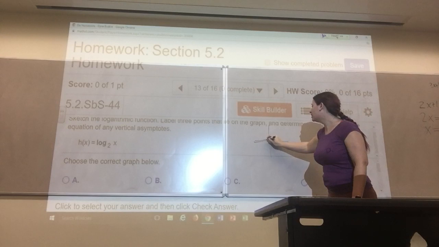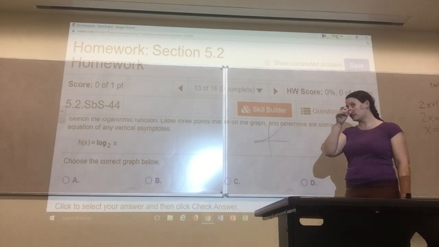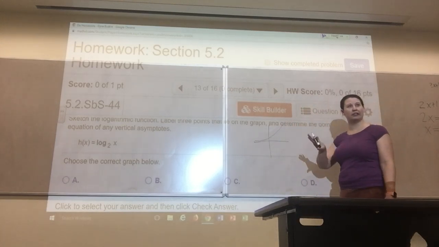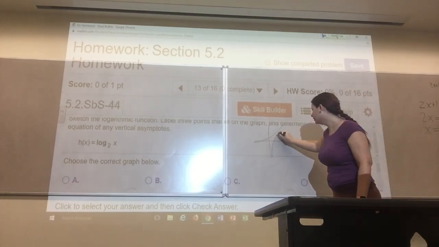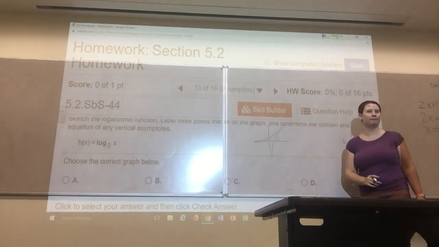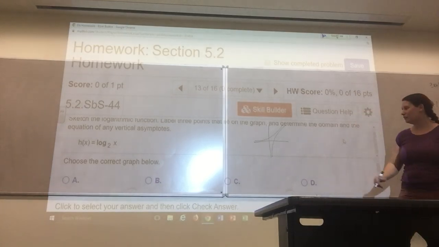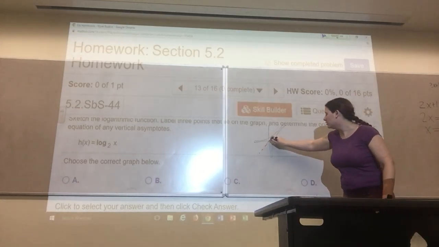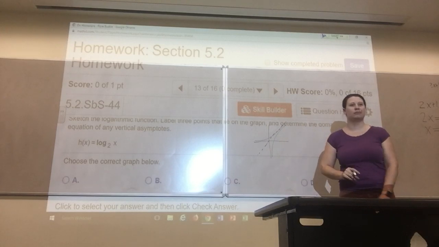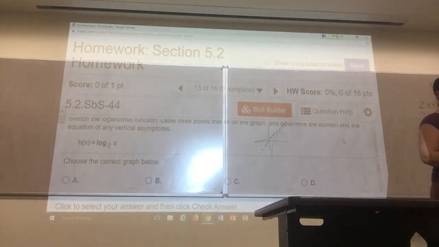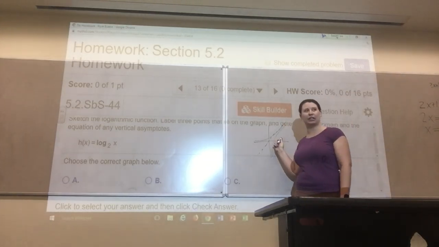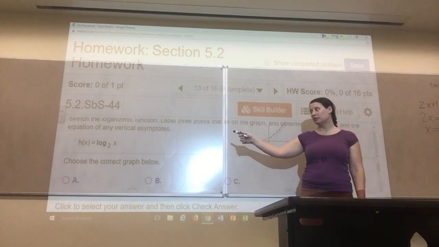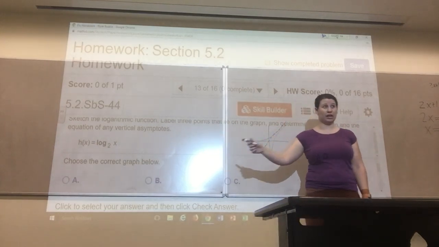So exponential is like that. Logarithmic is kind of the opposite way of doing an increasing curve. And they meet up around the kind of x line, right? So a basic graph like this is what the log looks like.